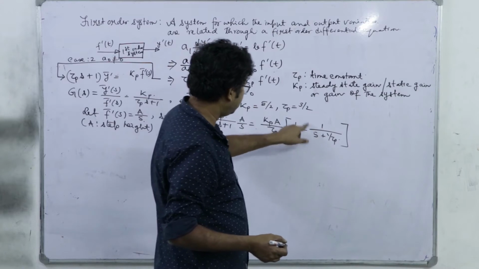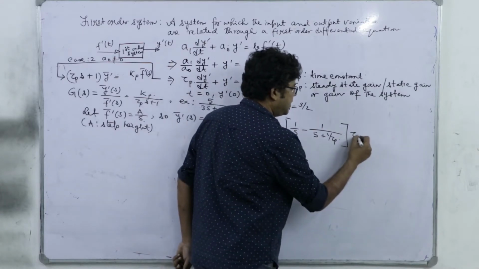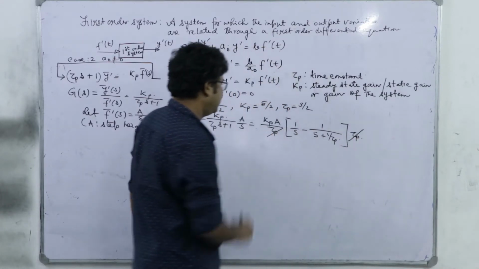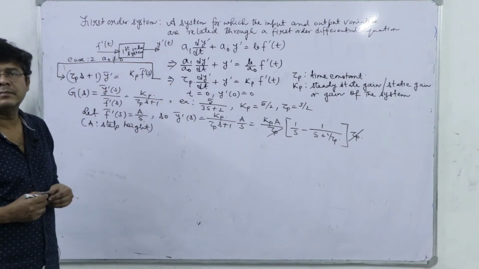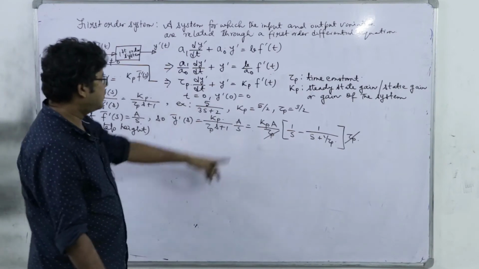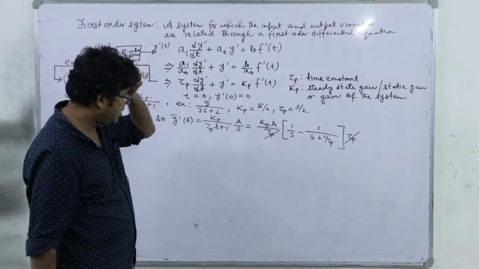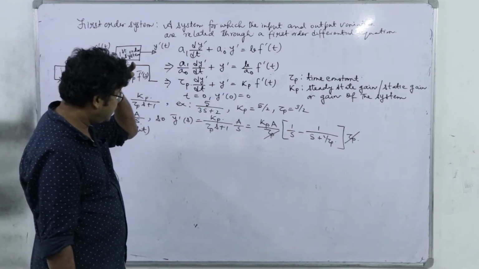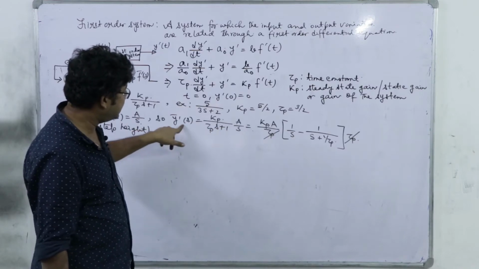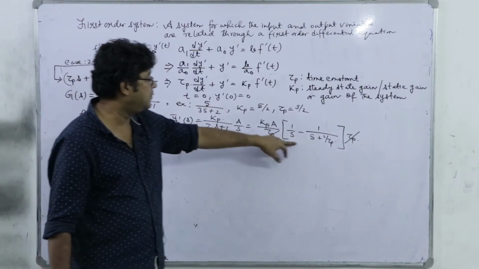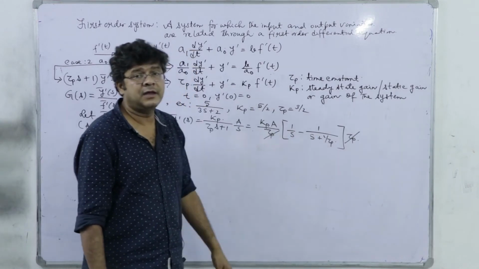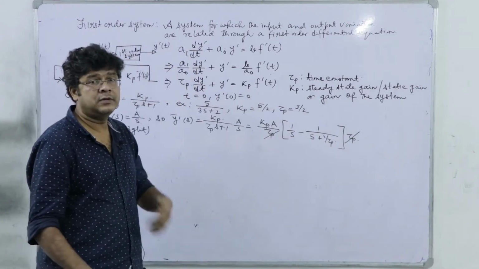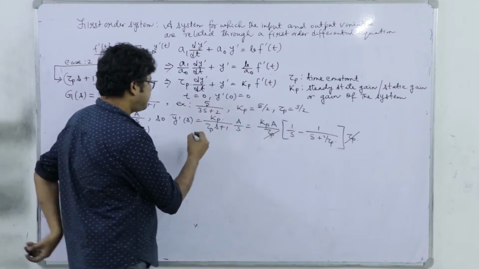Additionally we have a 1 by tau p here, so we have to multiply it by tau p, so this tau p and this tau p cancel out. So we have got this simplified Laplace domain output expression, and we have used this typical partial fraction such that we can easily convert it to this time domain response.